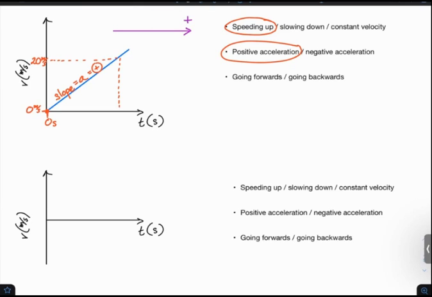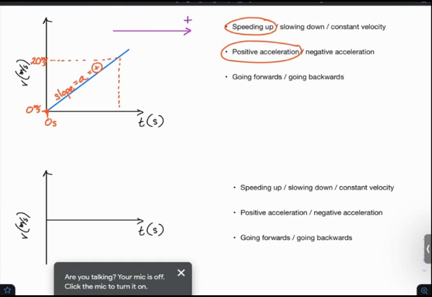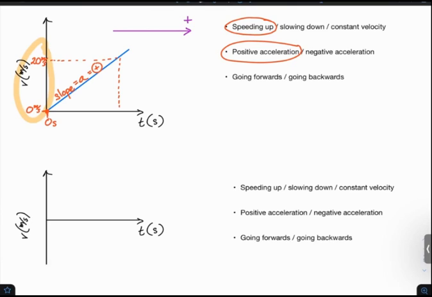And anytime I have a positive velocity, I'm going to have it going forwards. And if you look over here on the velocity axis, all of these numbers that I could write here would all be positive numbers. Therefore, this is going forwards because all of these are positive velocities.